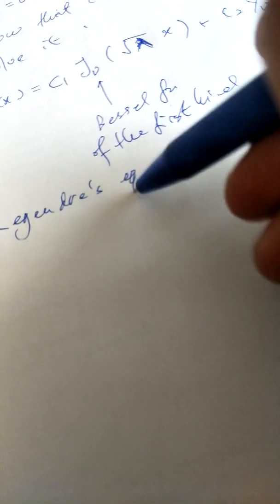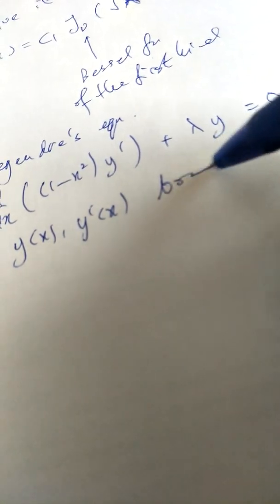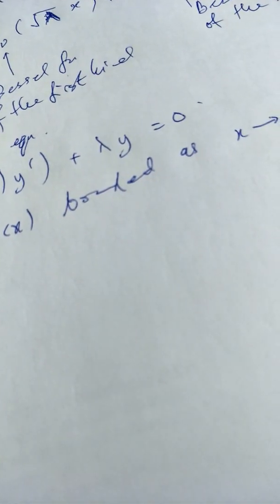Another example that we may consider is the Legendre equation, which is given as d/dx of (1 minus x squared) y prime plus lambda y equals 0, with y(x), y prime(x) bounded as x goes to plus minus 1.